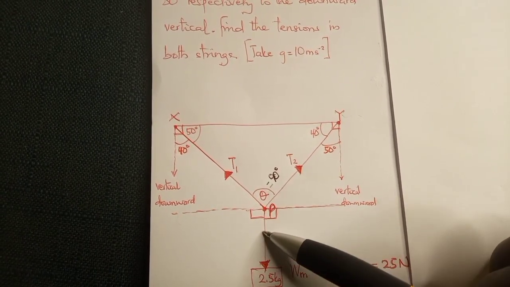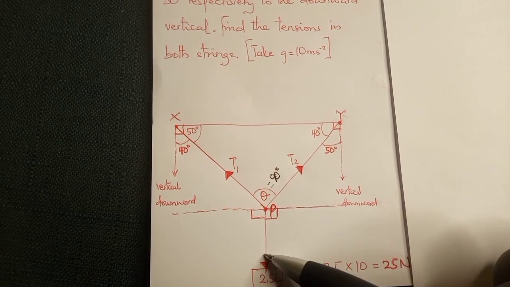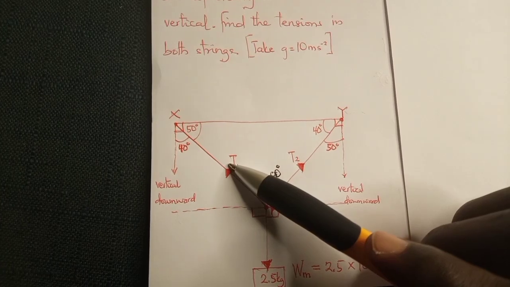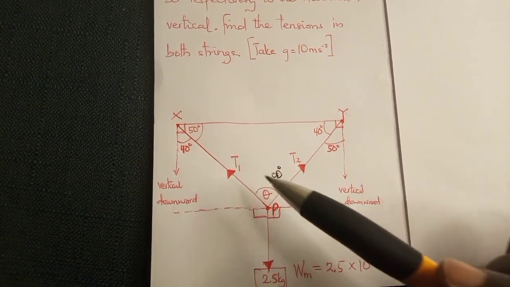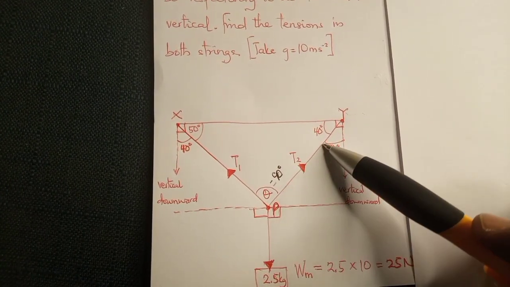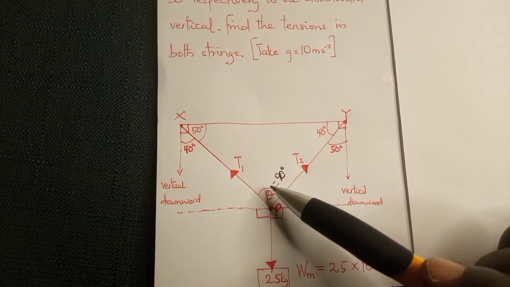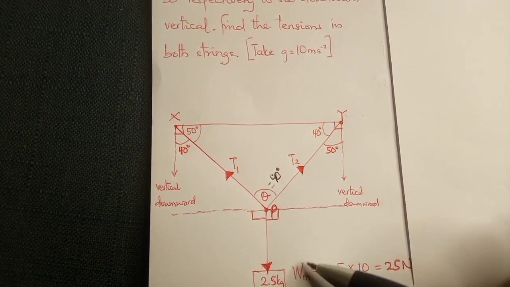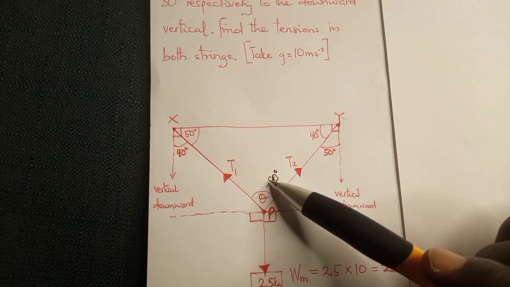So you have the weight here, and the other forces are to the left and to the right. The angle between them is the one for the weight, so sine theta.